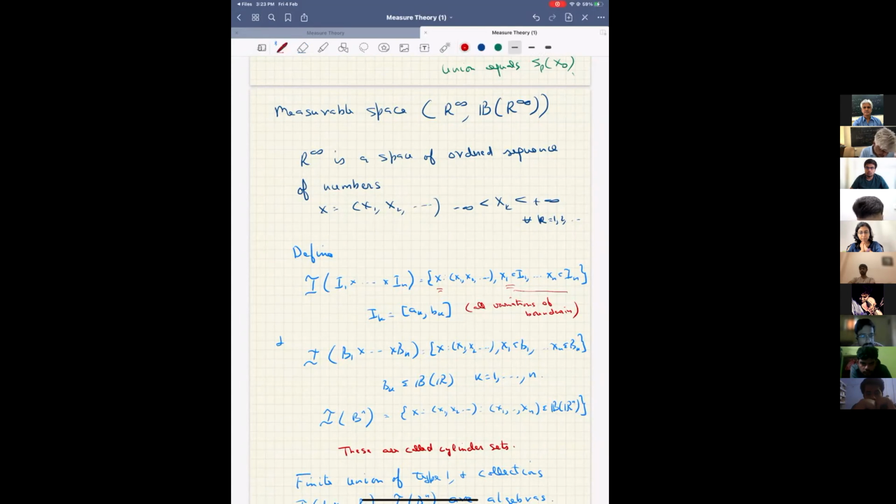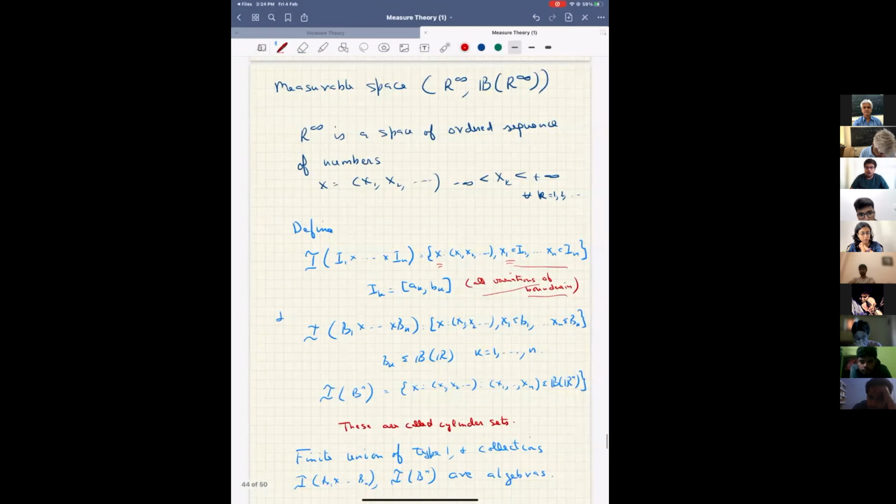Okay. Now again, you say to yourself, and this is just good to see. And here you have, and again, you can have all variations of the boundaries. So I'll just collect finite unions of all these things, and that's going to be an algebra. Because again, the complement of that will also be a finite union of this sort. Or I can look at cylinder sets of the following form, which is Borel set B1, product with Borel set B2, product with Borel set Bn.